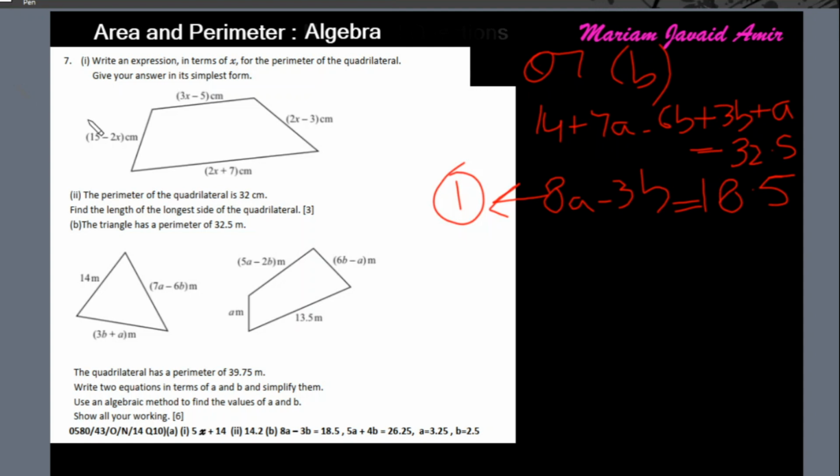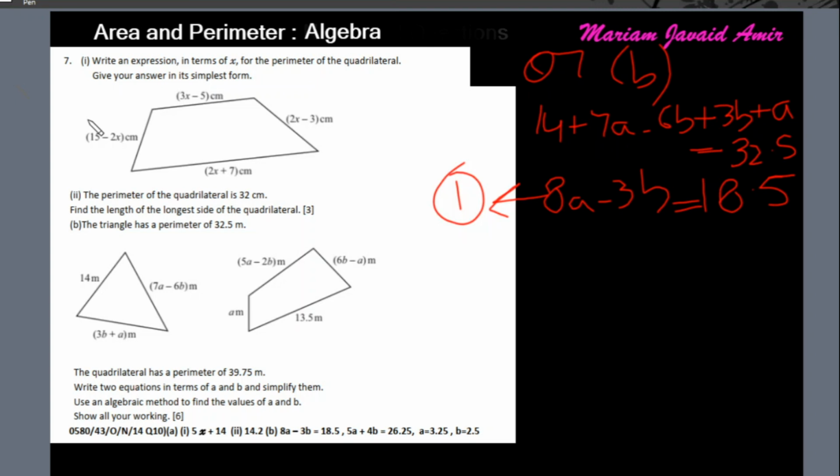So I get 32a minus 12b equals 4 times 18.5. 4 times 18.5 is 74, and then the second equation becomes 5 times 3, 15a plus 12b equals 26.25 times 3, which is 78.75.